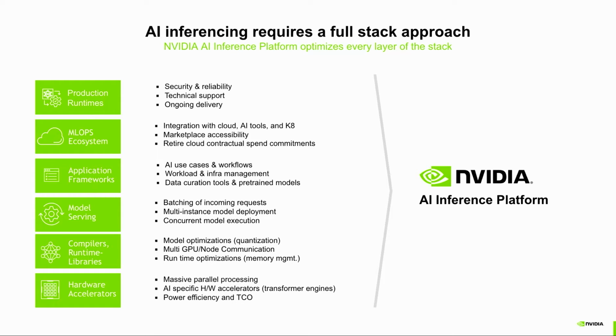Now, zooming out a little bit, at NVIDIA, when we think about inferencing, we think about a full stack solution. And by full stack, I mean, we obviously have at the very bottom the hardware accelerators, the GPUs that are needed to accelerate some of these machine learning models. But also right on top of these GPUs, there are compilers that could help optimize these models to take full benefit and full capability of the underlying GPU.